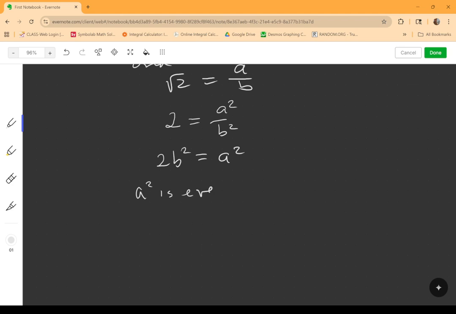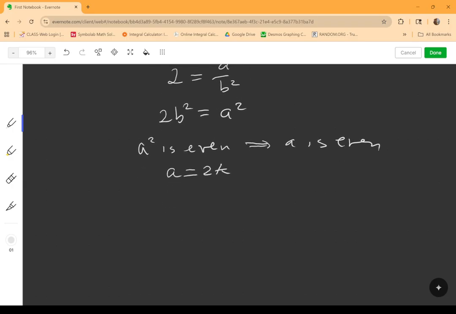Remember b and a are integers. Since a squared is even, therefore a is even. We'll state this without proof. This is in fact a true statement: if a squared is even, then a is even. So if a is even, then I can write a as 2k.